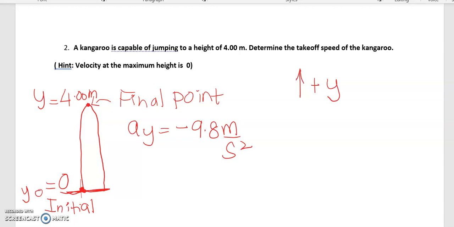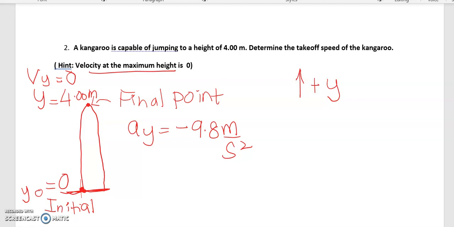So we also know that when the kangaroo is at the maximum height, because it has a capacity to jump up to 4 meters, that's the maximum height it can reach. At that point, its velocity Vy is equal to 0, the final y velocity.